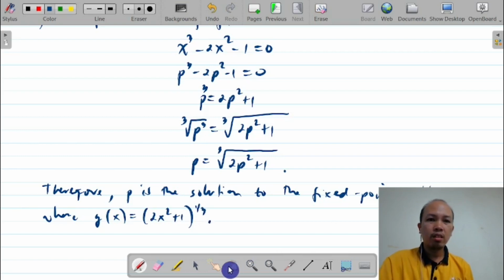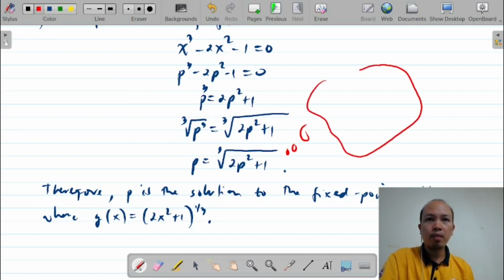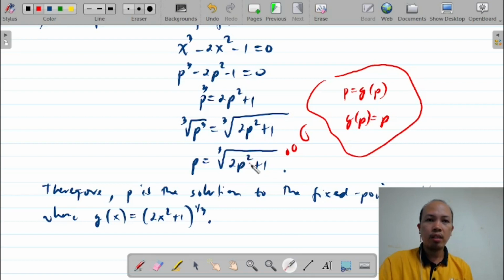Okay, so just rewrite this one. So this is our p. You can write this as p is equal to g of p, so our g of p is the right hand side.